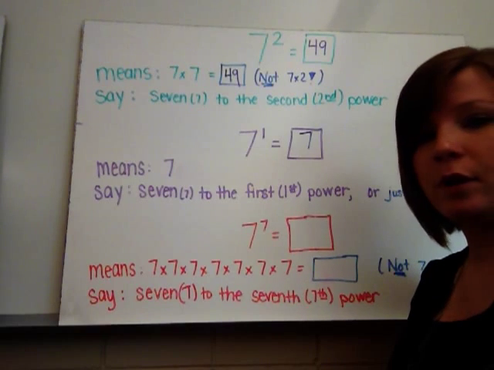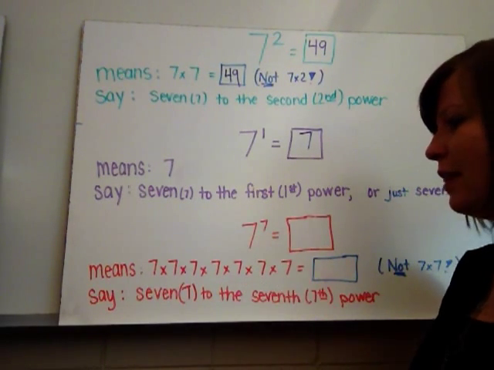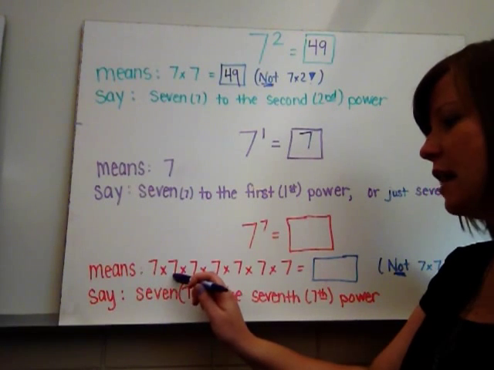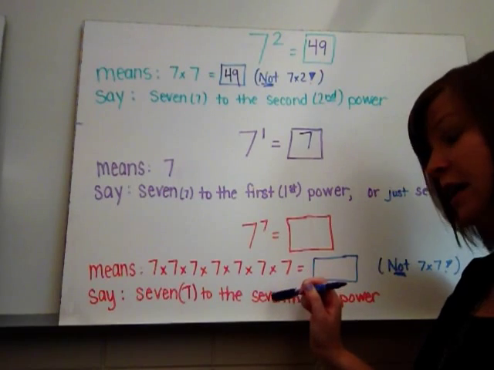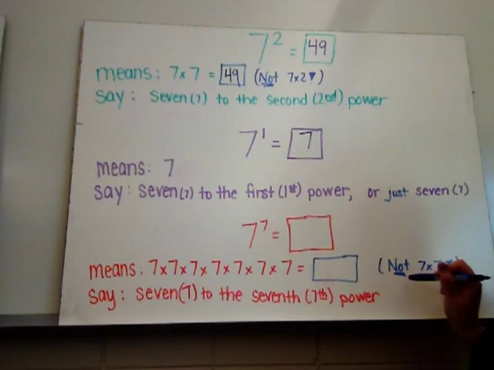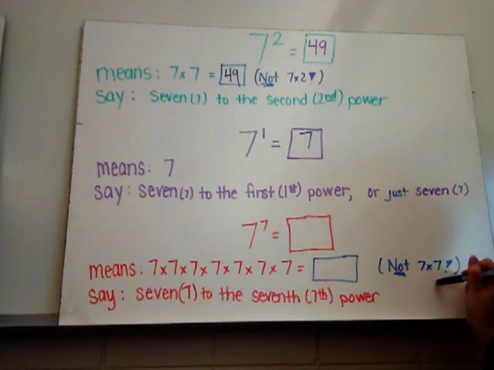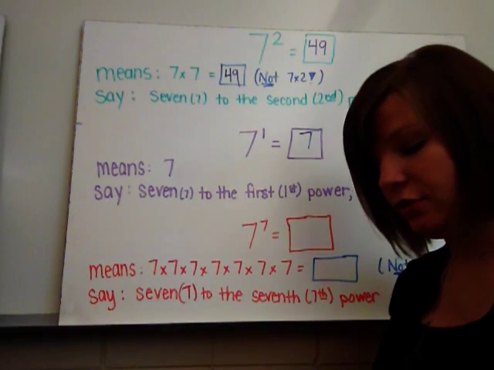Our last example is 7 to the 7th power. That means 7 times 7 times 7 times 7 times 7 times 7 times 7. It's 7 7 times. It's not just 7 times 7 once. It's 7 7 times. So I'm going to need my calculator for this one.